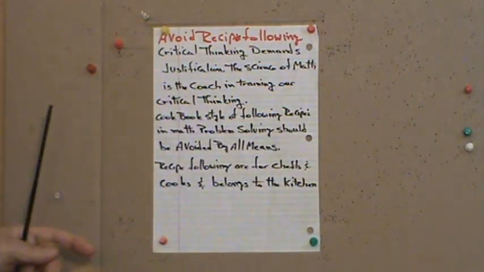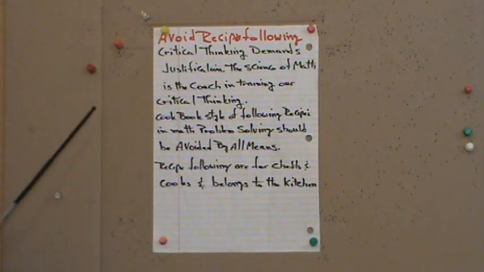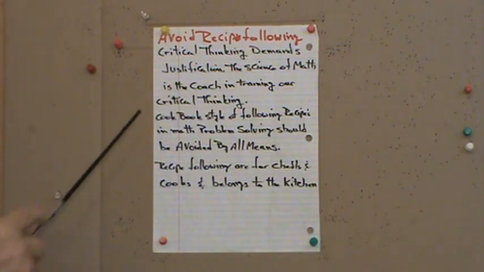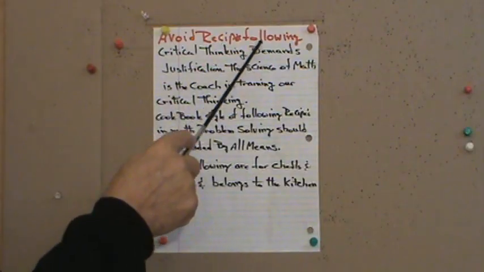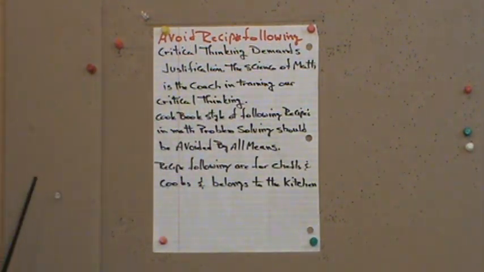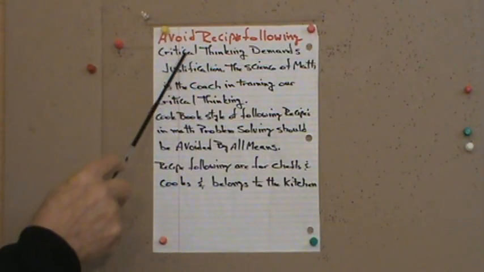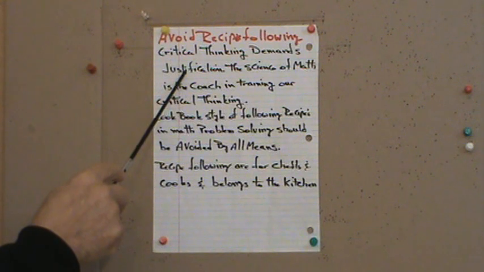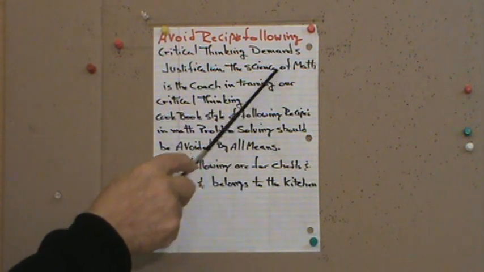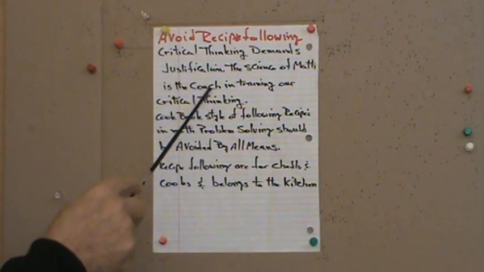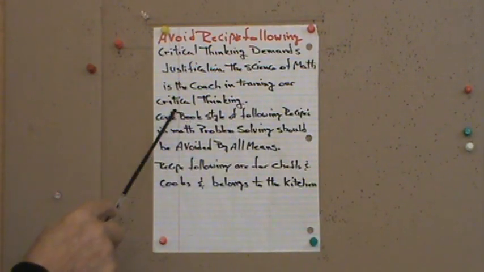Now, I have written purposely, and I have zoomed this so that you pay more attention rather than I stand up and talk about it. Avoid recipe following. I wrote it in red purposely. Now, listen again carefully. Critical thinking demands justification, and the science of mathematics is the coach in training our critical thinking.